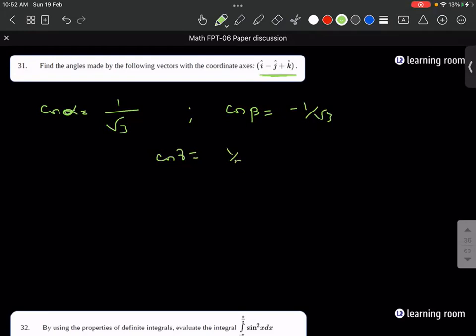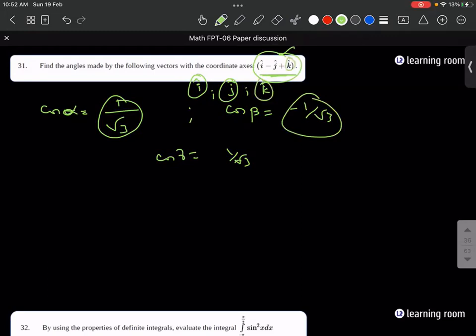Cos gamma is 1 by root 3. This is the answer. Because when they say coordinate axis, x-axis is i cap, y-axis is j cap, and z-axis is k cap. Between i cap and this vector, it will be 1 by root 3. Between j cap and this vector, it will be minus 1 by root 3. And between k cap and this vector, it will be 1 by root 3. So the answer will be 1 by root 3, minus 1 by root 3 and 1 by root 3.